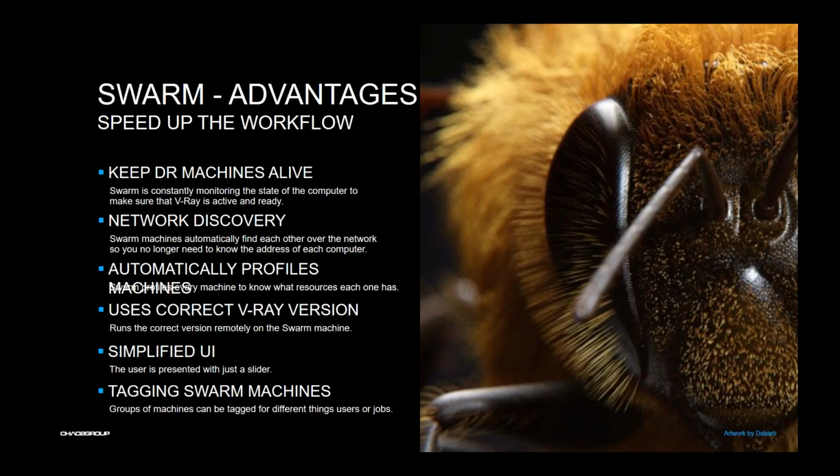Swarm is very powerful, but the interface is very simple. It's only a slider. And you can use tags for different render jobs, or to split the rendering to different teams, for example.